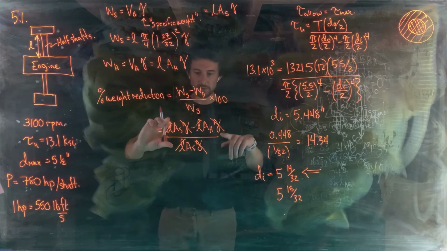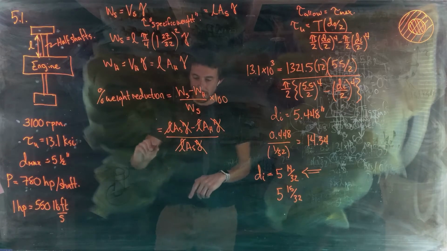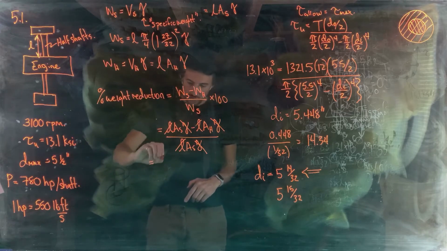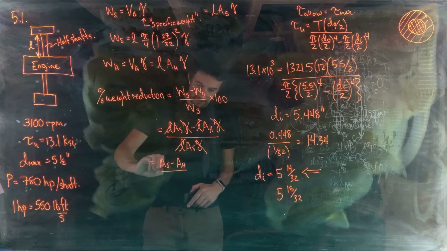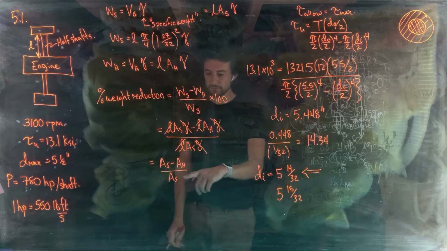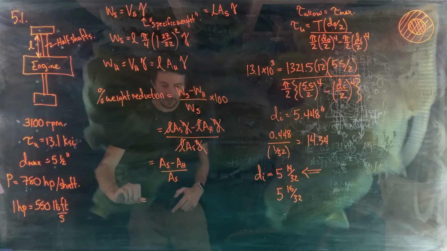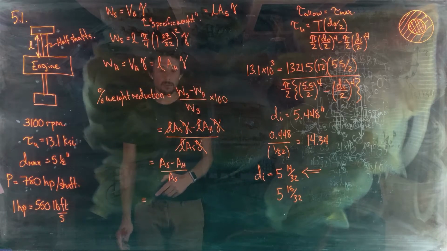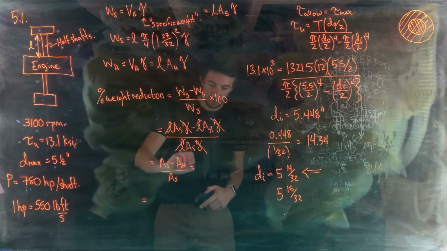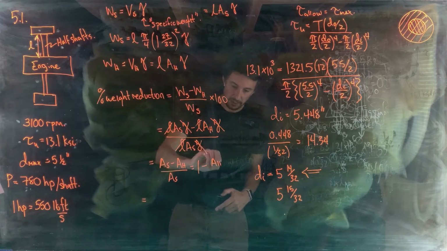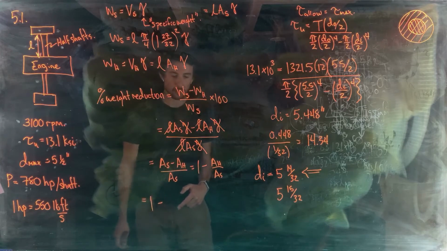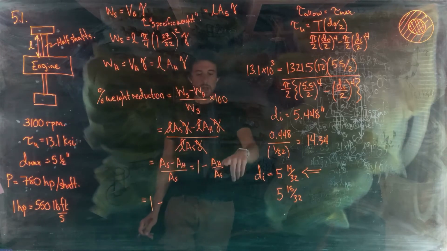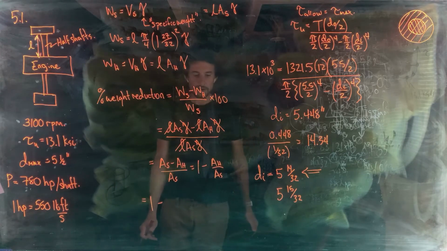So what we're really looking at here is just the ratio of cross-sectional areas to one another, or the difference over the cross-sectional area of the solid. So we can put everything in here, and this can be changed then to 1 minus A_H divided by A_S to make it even easier here. So 1 subtract area of the hollow over area of the solid.